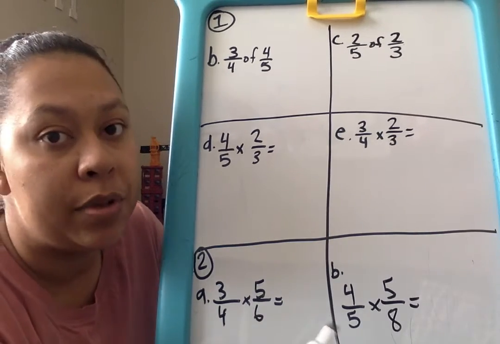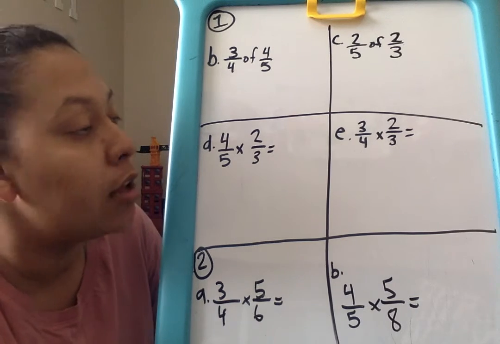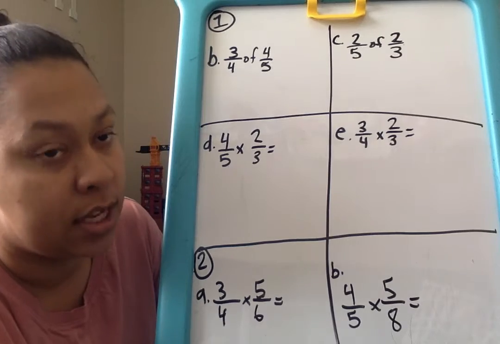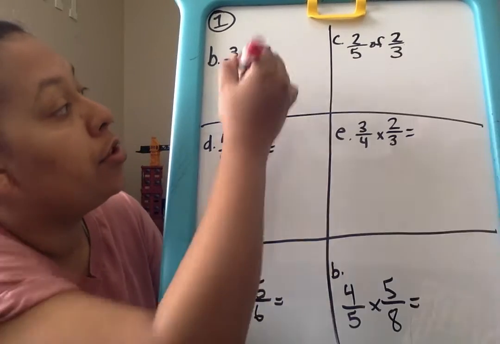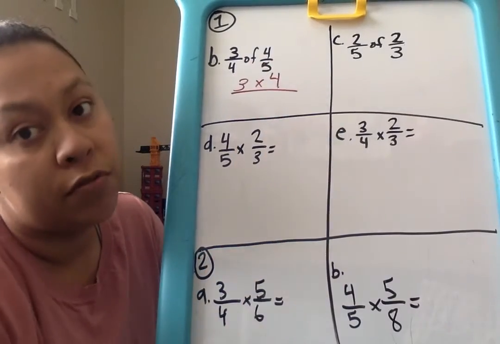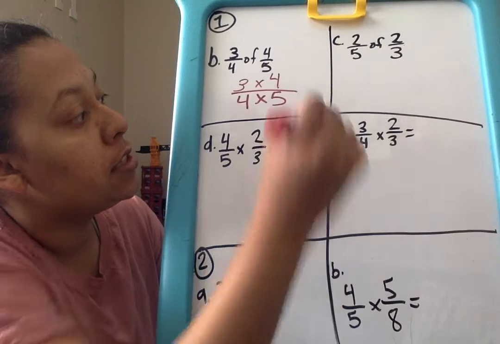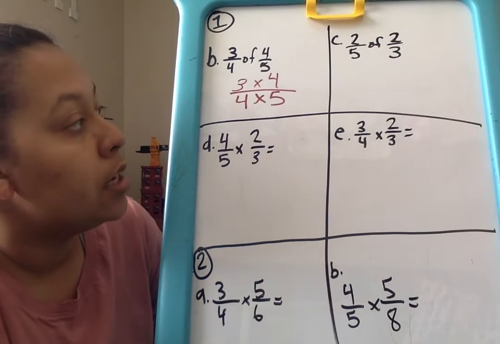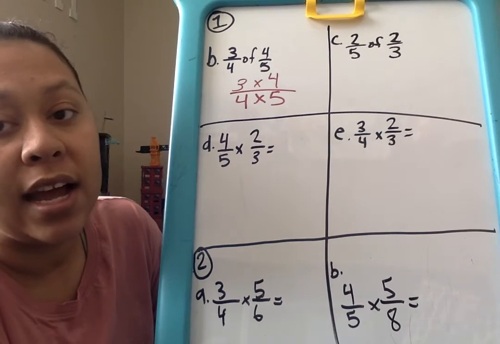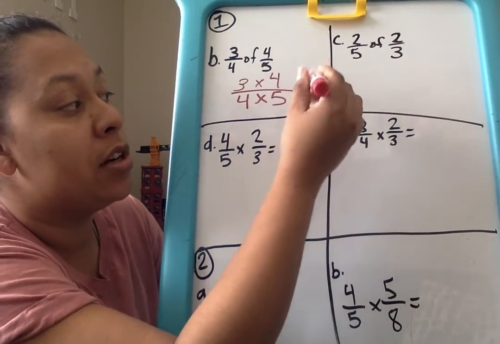So we're going to show that by using just the multiplication algorithm, but with fractions, okay? So we have thirds that we're going to cut into fourths, and fourths that we're going to cut into fifths, and then we will have more pieces but a smaller amount than we started with, okay?